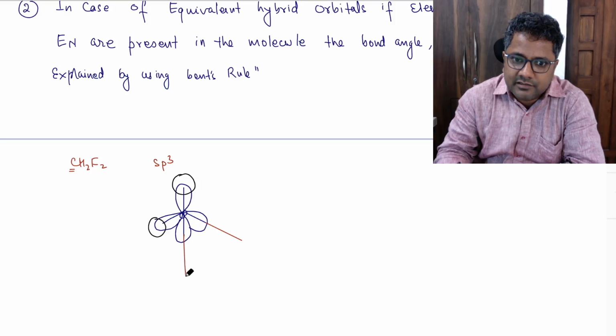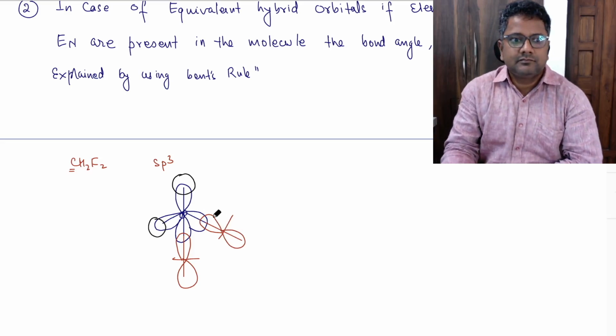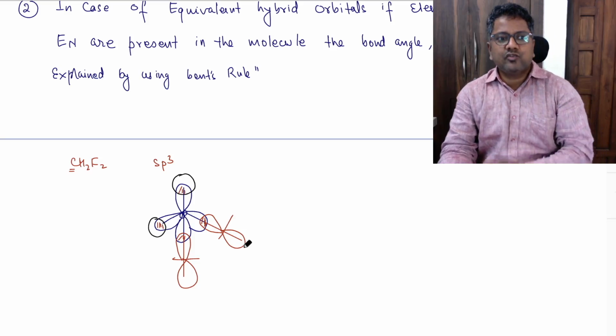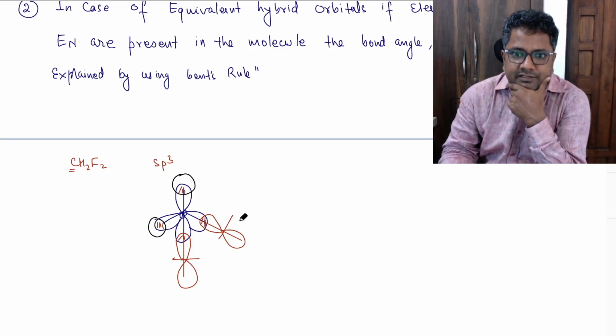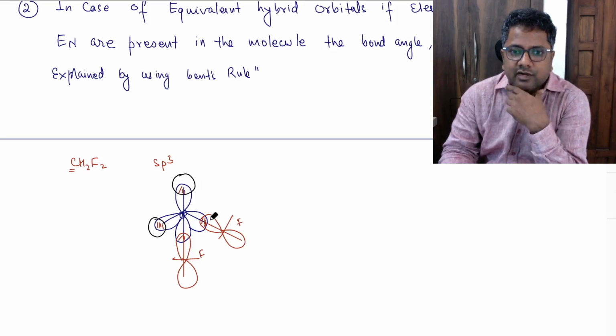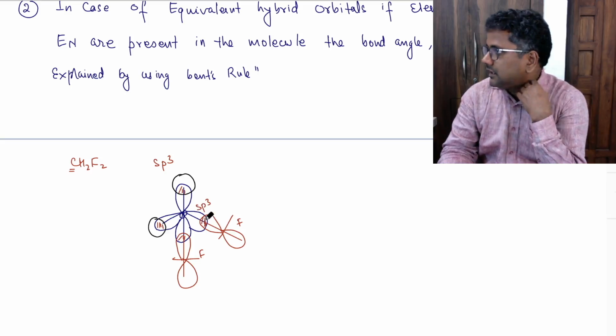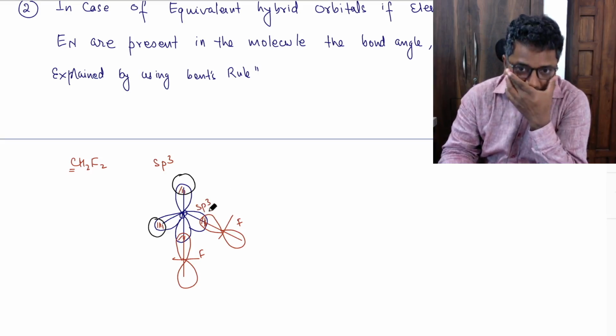Like this there is overlapping. So post overlapping there are changes. Since fluorine is more electronegative than hydrogen, what will happen: the orbital, this was sp3 in which p character is 75%.